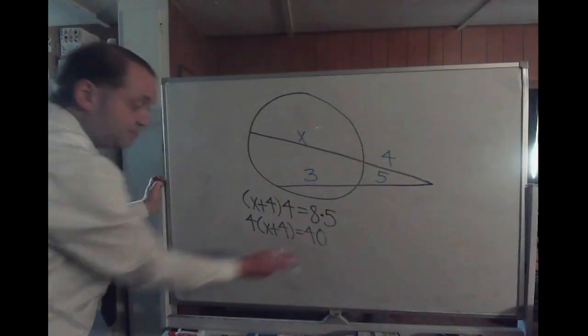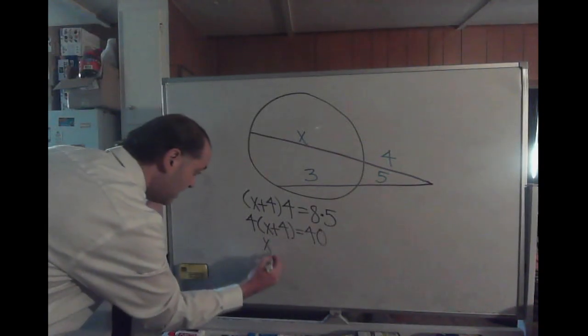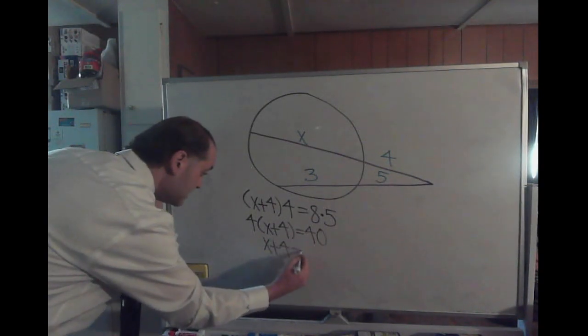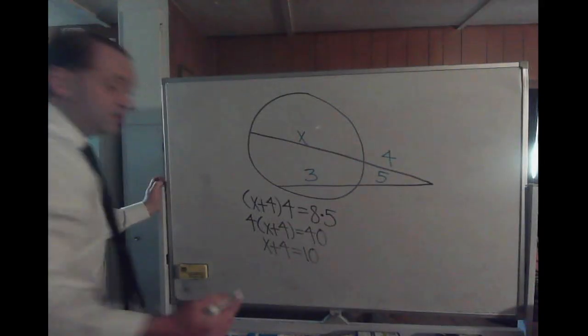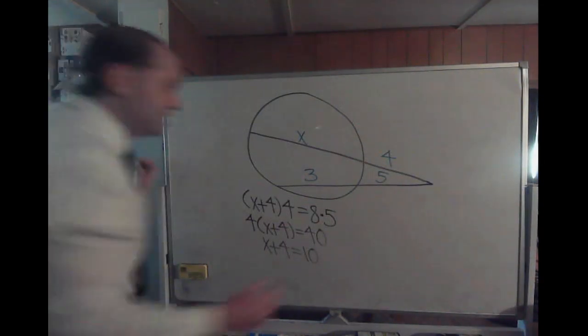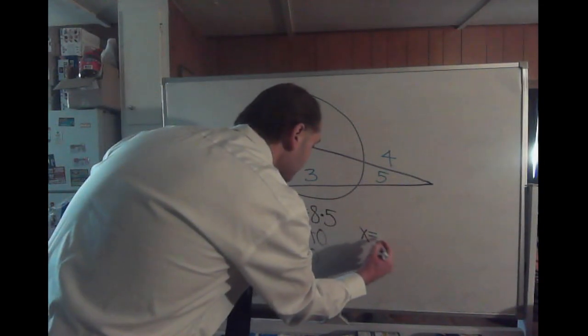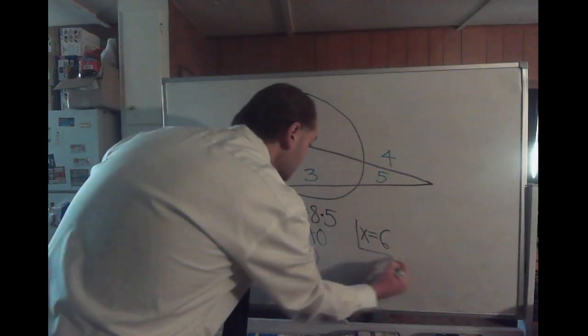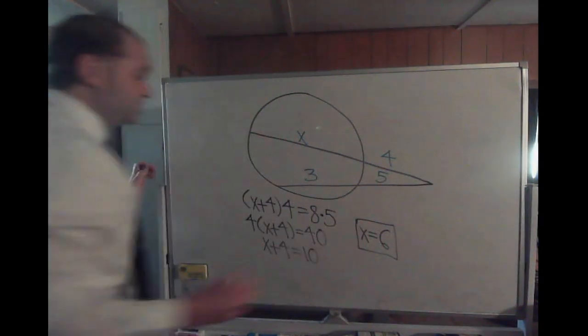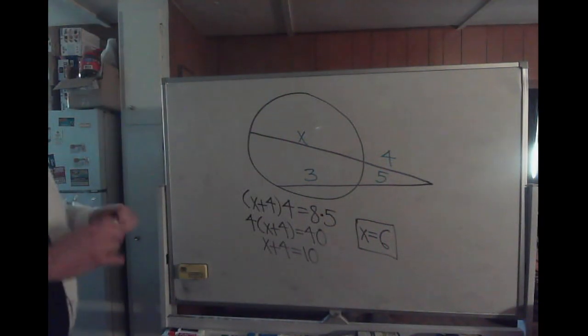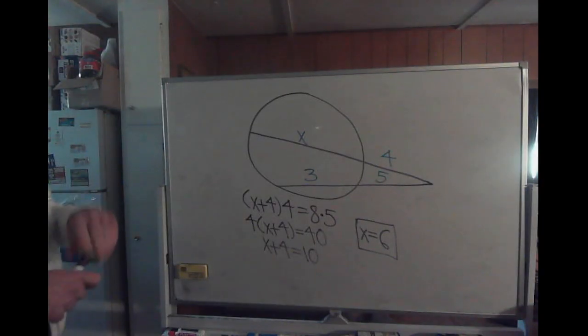Now you can divide both sides by 4. You end up just getting x plus 4 equals 10. It'll save you a distributive step, and then we'll just give you x equals 6. So the answer for this is x equals 6.